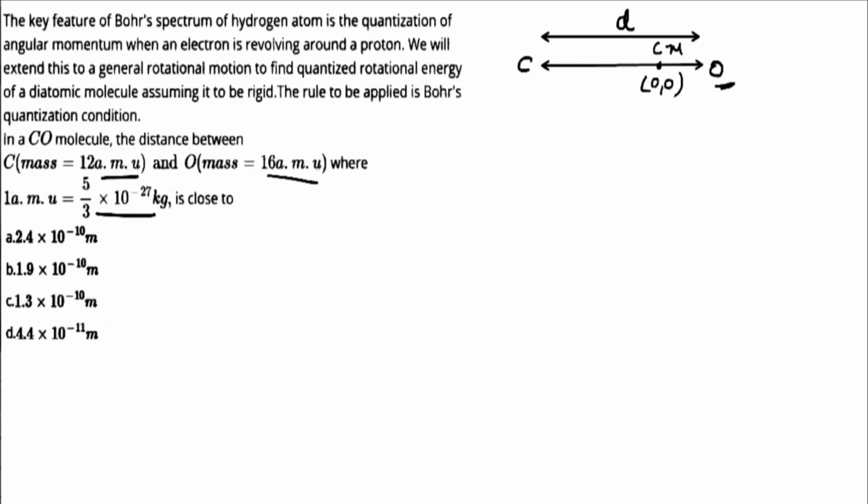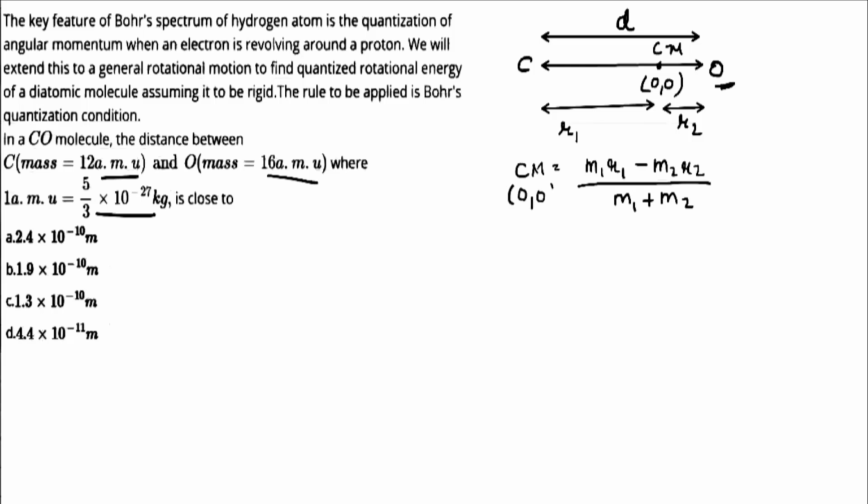Now let us mark this distance as R1 and the another distance as R2. Now we can write this as Cm is equal to M1 R1 minus M2 R2 upon M1 plus M2, as this one is 0, 0.